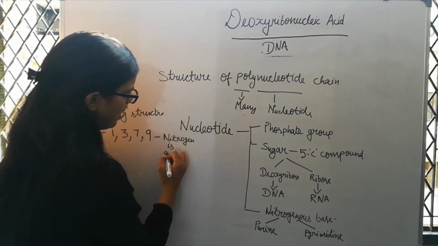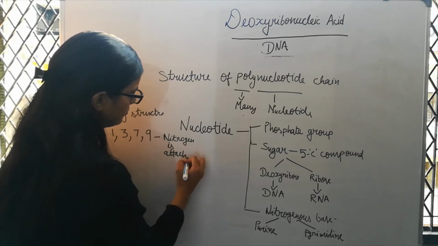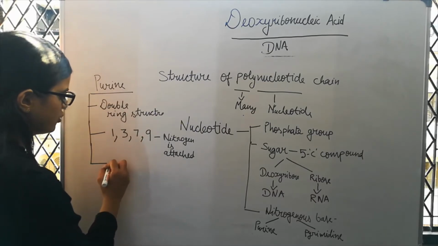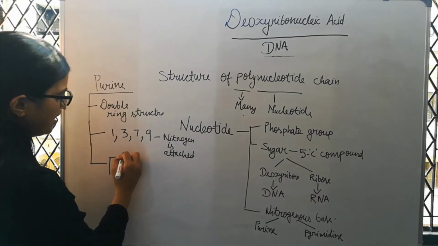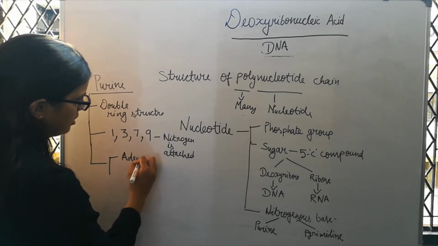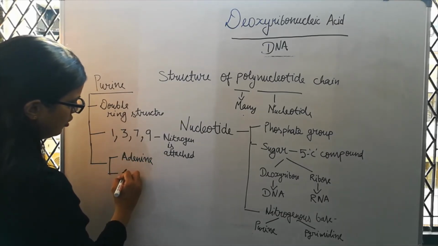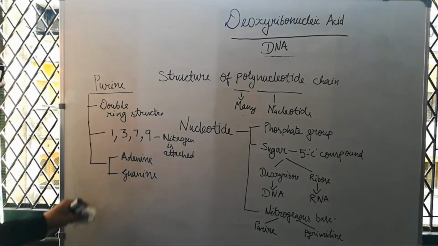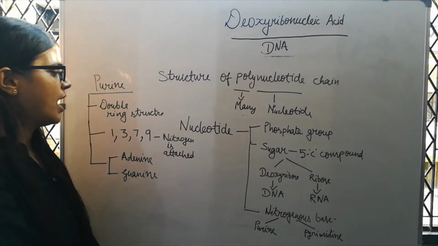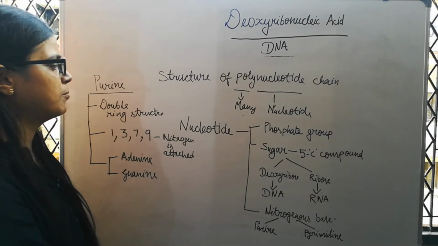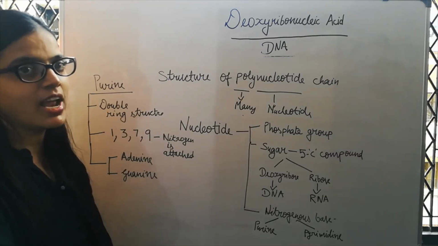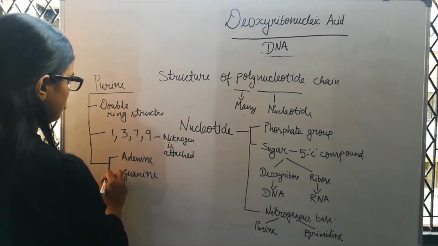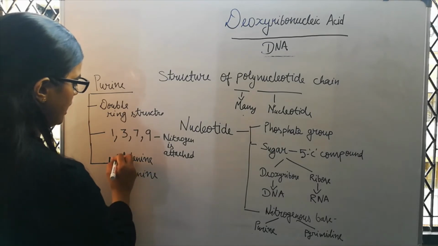Purine is of two types, adenine and guanine.